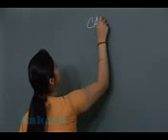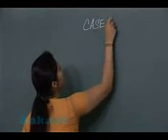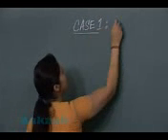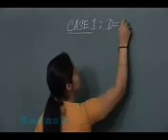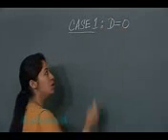Now students, we will discuss the case 1 where D is equal to 0. So we will take case 1. Here D is equal to 0. Now what is D?